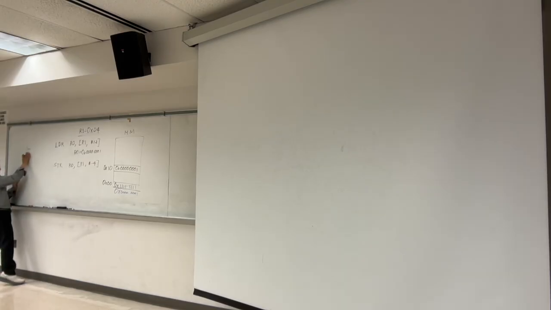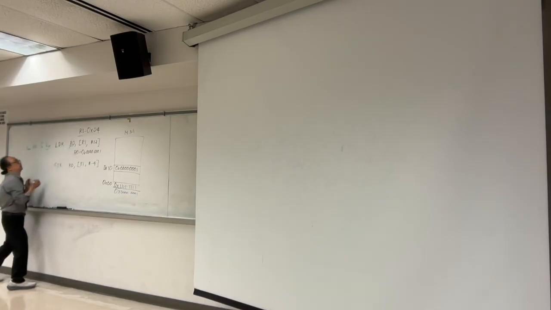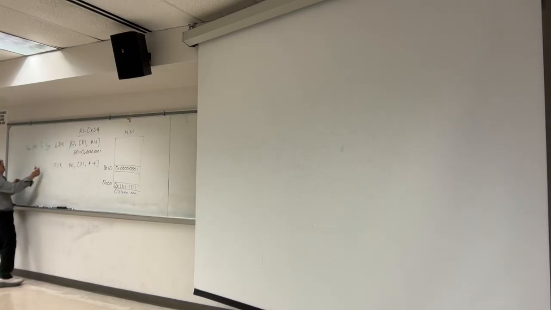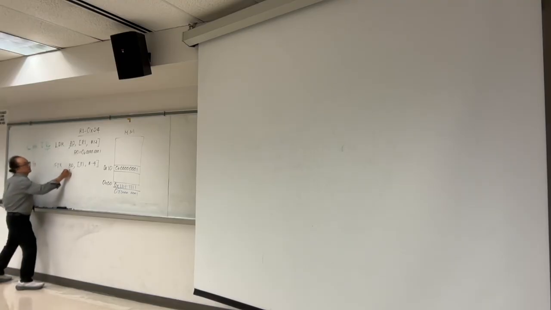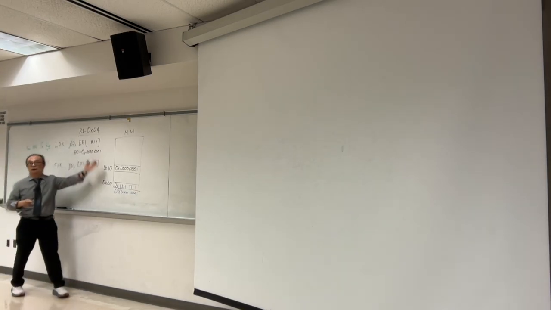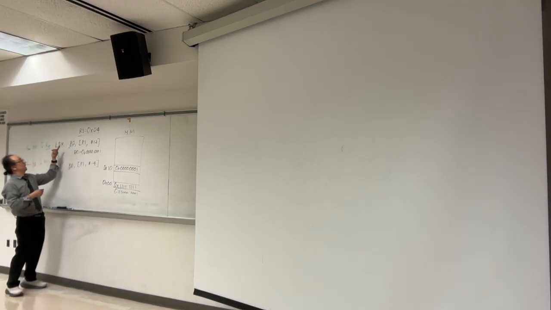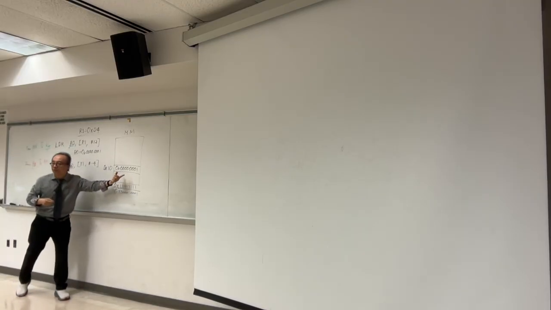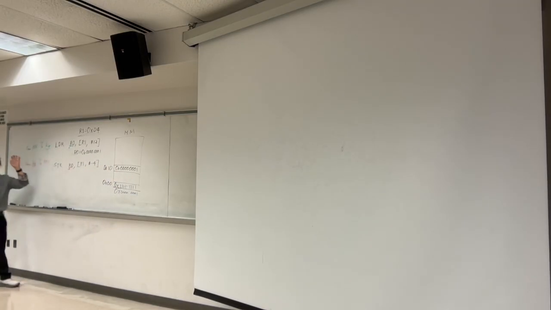LDR is from main memory to register. This is the destination register. For STR, it is from register, our source register, to main memory. So for STR, we're going to change the content of main memory. For LDR, we're just going to read it from main memory, store it into register. So the content of main memory stays the same.